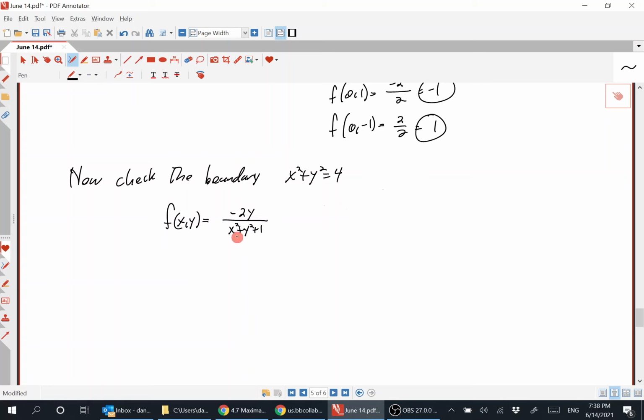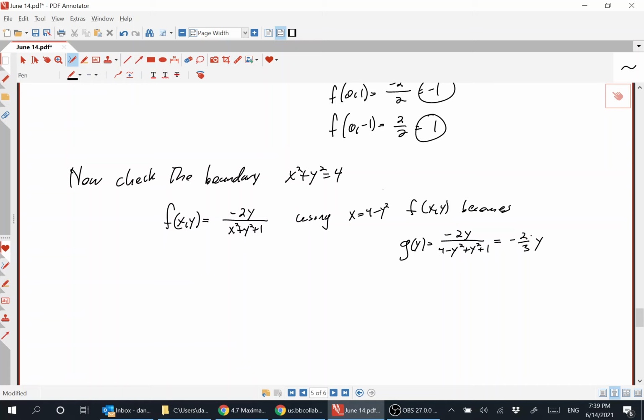If we eliminate the x, all we've got to eliminate is x squared. So using x squared equal to 4 minus y squared, f(x, y) becomes g of y equal to minus 2y over (4 minus y squared plus y squared plus 1), which is just minus 2/5 y.